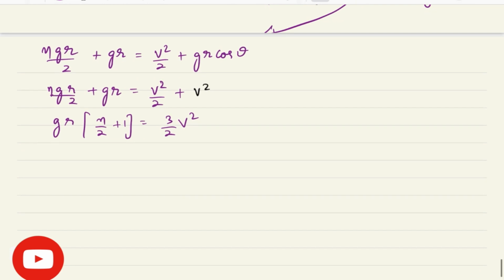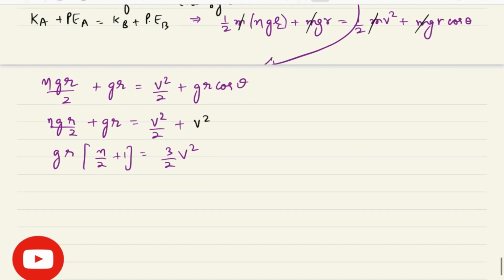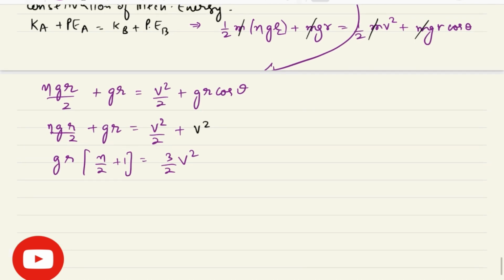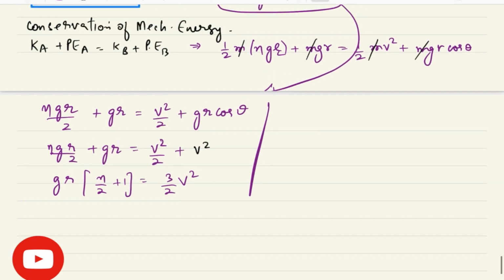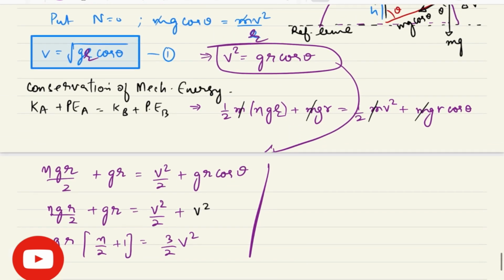Okay, that's fine. Then further we can solve the situation here. From this we get the value of v. R is not given, so v square upon R in terms of eta we get the value. Okay, we will use this result in the further calculations.